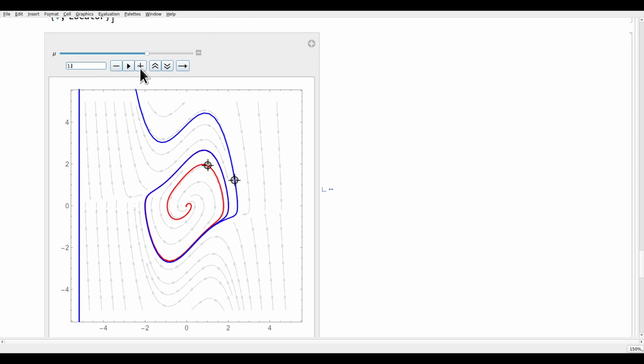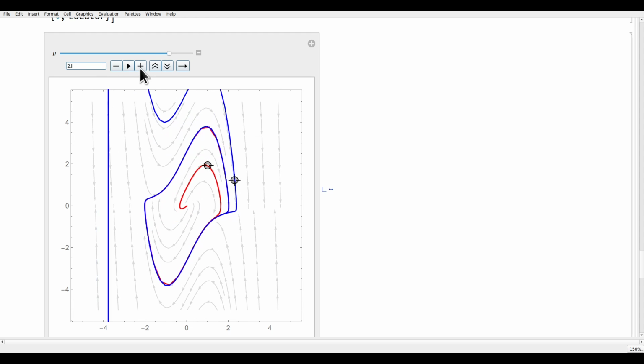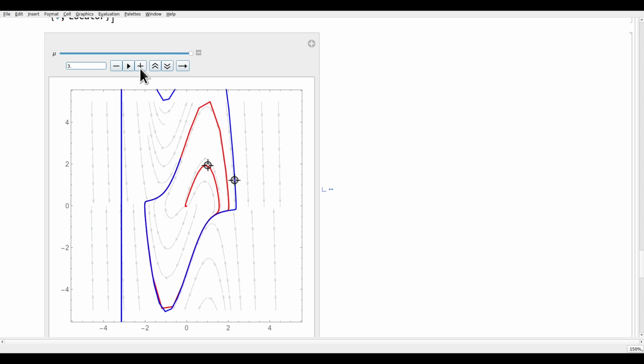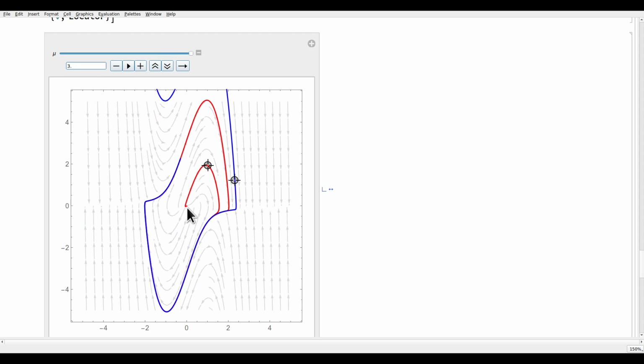And if I keep going forward here, eventually that fixed point in the center switches from being a spiral to being a node, but it's still surrounded by a stable limit cycle. So that can happen as well. That's well away from the actual Hopf bifurcation point, which is at mu equals 0. Okay, so there you go. Van der Pol oscillator and a quick introduction to Hopf bifurcations.